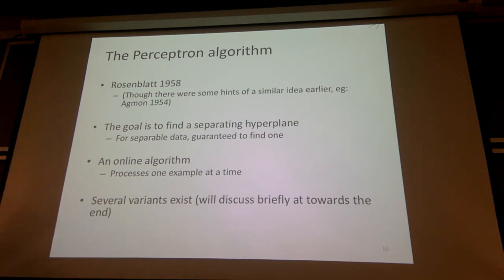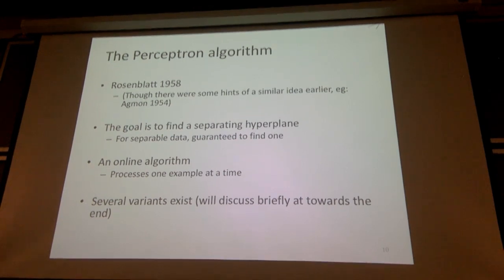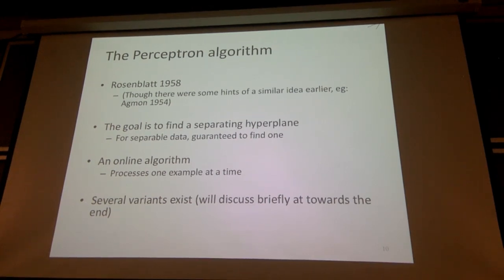If I give you a stream of examples that keep coming in, the goal is to find the separating hyperplane. And it's an online algorithm, and it processes one example at a time. It sees an example, makes a prediction. If the prediction is wrong, it makes a correction, and throws away everything else. And the internal state it maintains all along the way is the weight vector, the weight vector that characterizes the linear threshold unit.